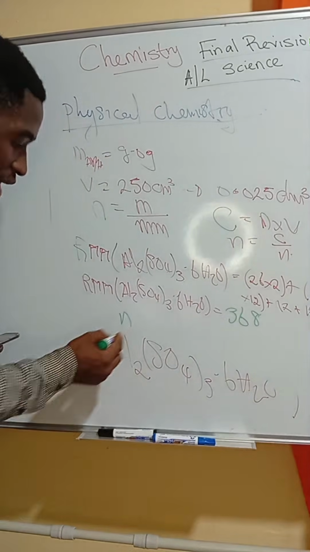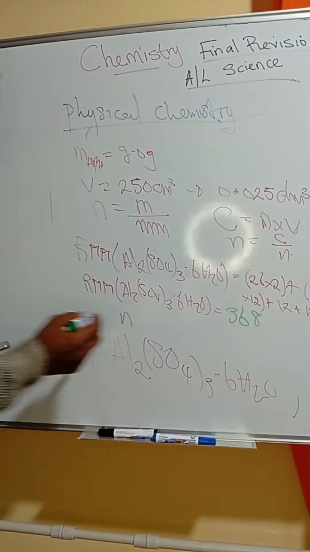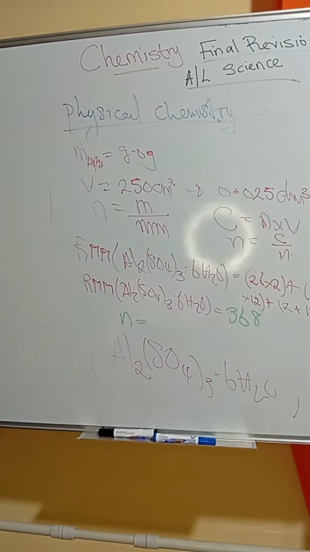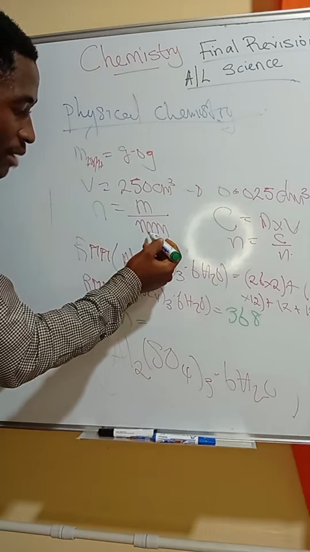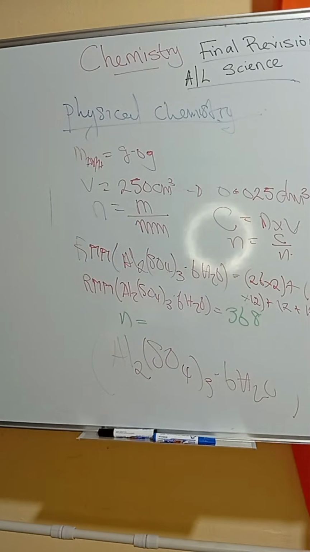It means that the number of moles will now be equal to what? This is where most of you are always confused. The number of moles in this case will be mass all over molar mass. But do I know my molar mass?